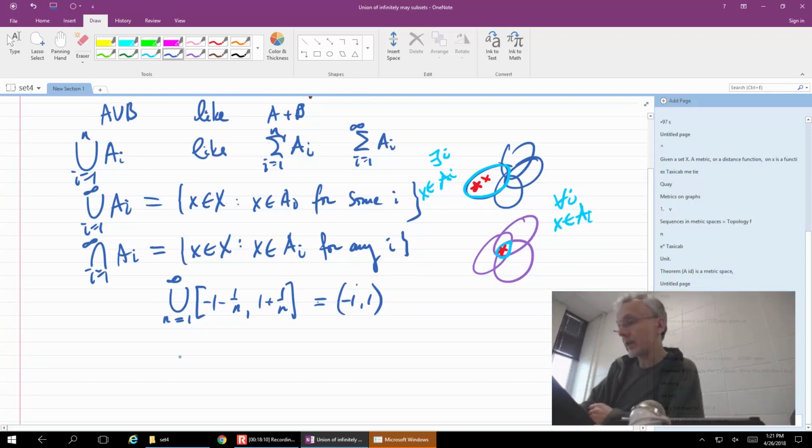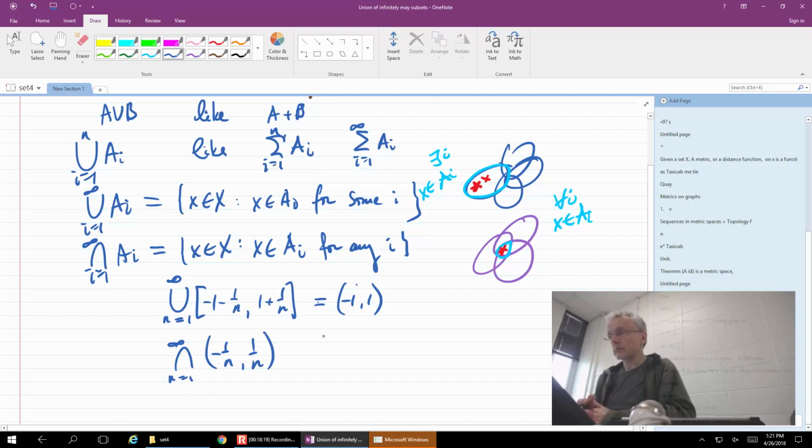And the other example that we saw, the intersection of (-1/n, 1/n). Once again, infinitely many. What's the answer?